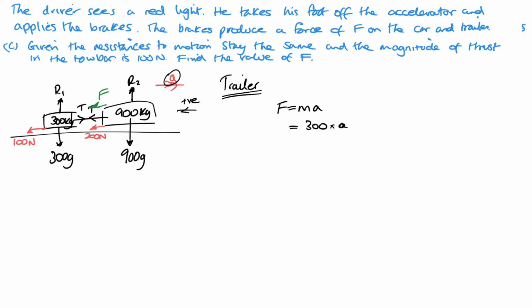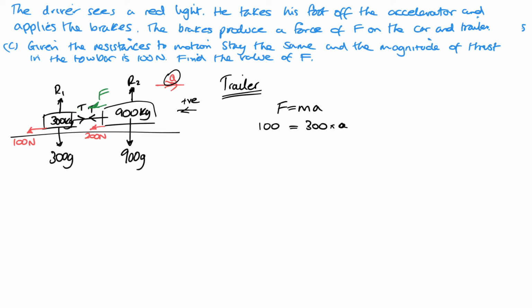Now, let's look at the force that's acting on the trailer. So here we've got 100 newtons, and that's the resistance to motion. So we've got 100. And then it's very tempting to look at this T here, which is in the tow bar.